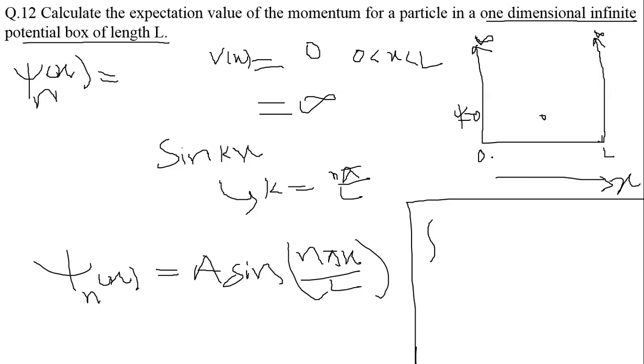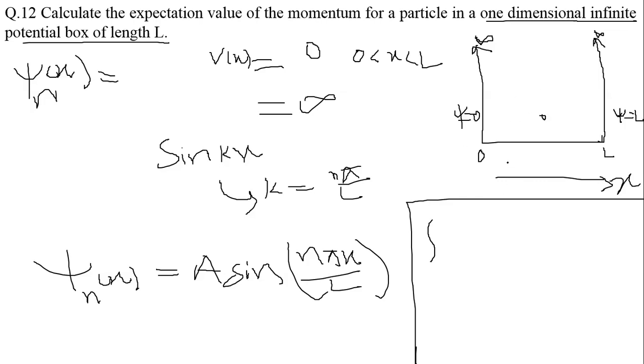So at x equal to 0 the wave function is 0, and at x equal to L the wave function is again 0. If we put in 0, sine 0 is 0, and when we put in L, L cancels out and sine n pi is again 0. So this satisfies the condition.